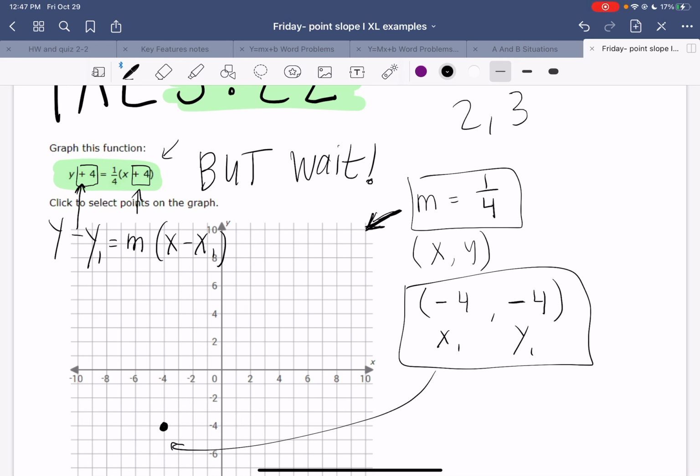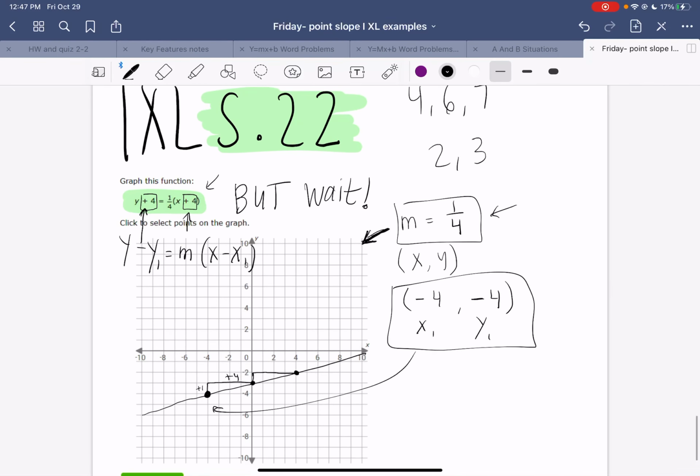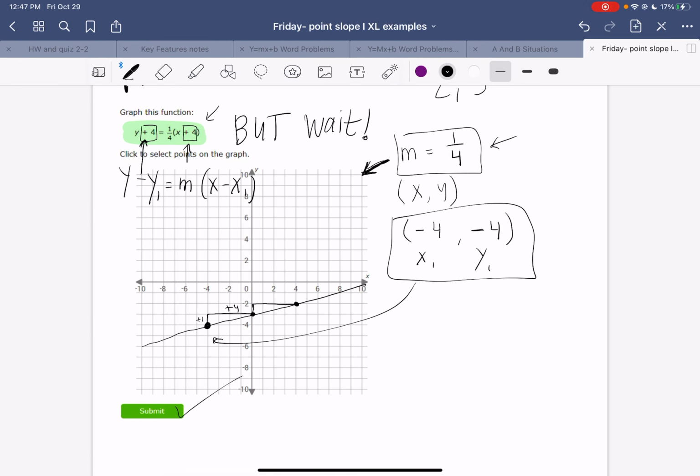And then what we're going to do is use our slope to count from this point to our next point. So I'm going to rise 1 plus 1, and I'm going to run 4 plus 4. So that's my rise over run. So I could keep going, rise 1, run 4. And then from there, we'd have our line, and you would submit it, and you would say, awesome job.